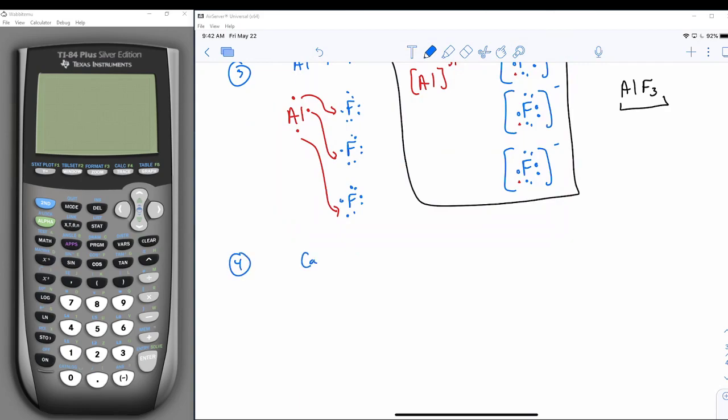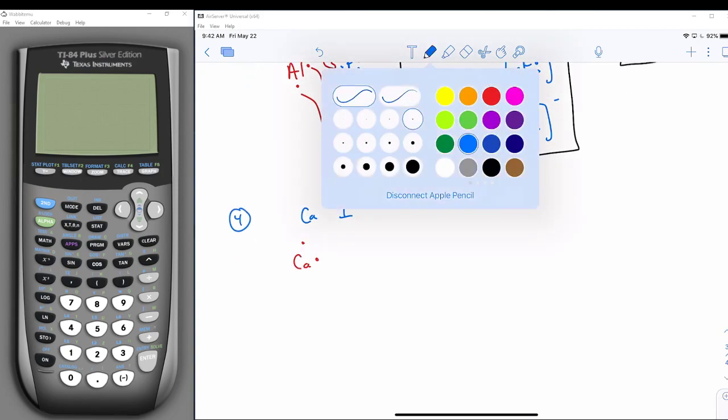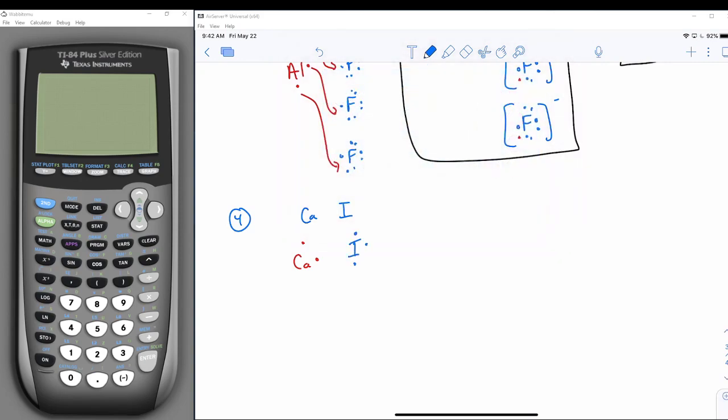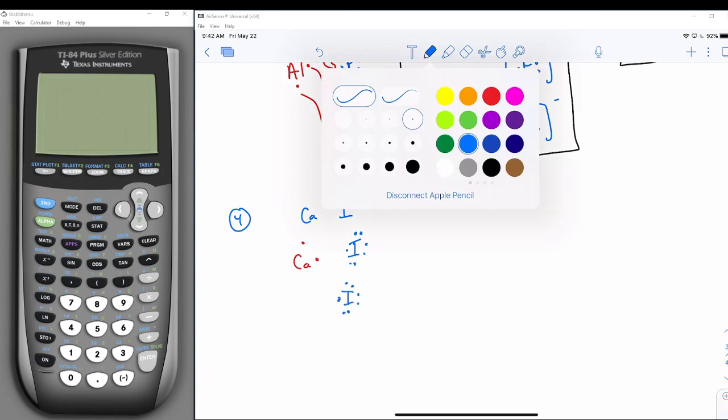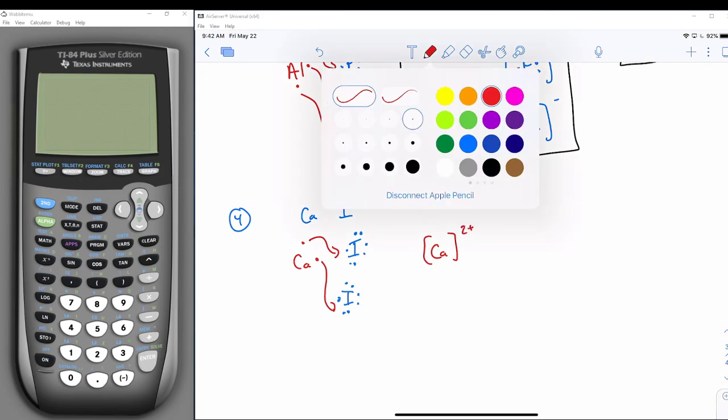Last but not least, Ca and I. It is getting repetitive, but you see the idea that you are trying to accomplish with each of these ionic bonds. Let me erase that dot. It's really hard to see. So you need 2 I's here to accept the calcium electrons.